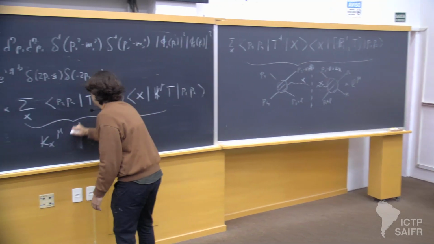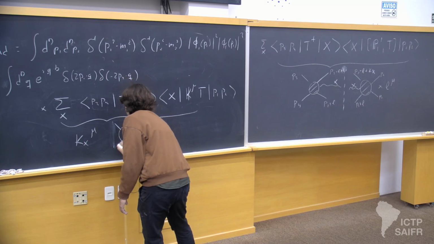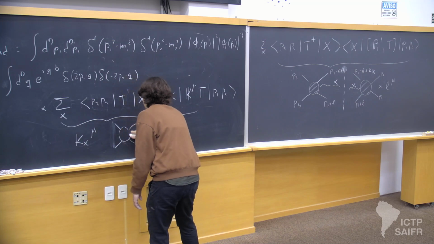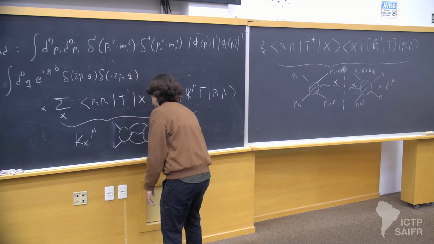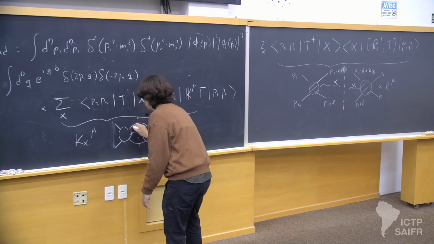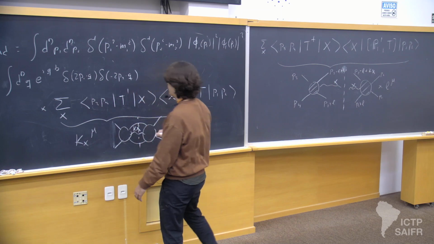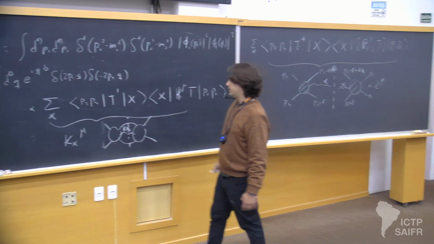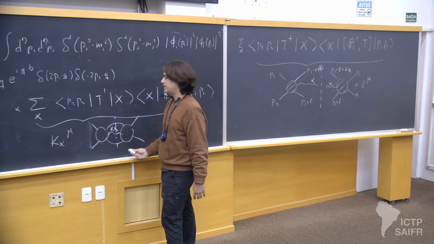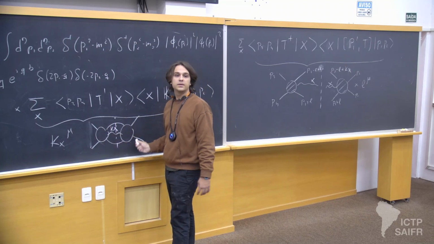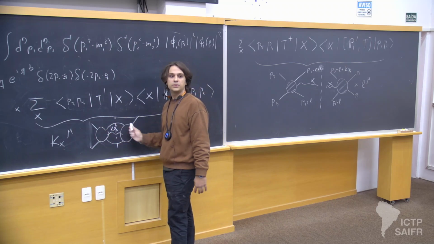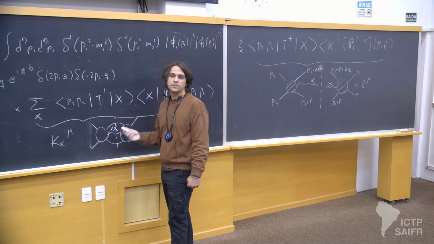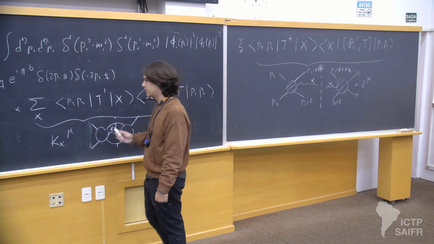So technically it would be like a cut, where here I have the momentum k_X crossing, but you can think of this essentially as the imaginary part of this amplitude, which is, by the optical theorem, the cross-section in the small q limit.